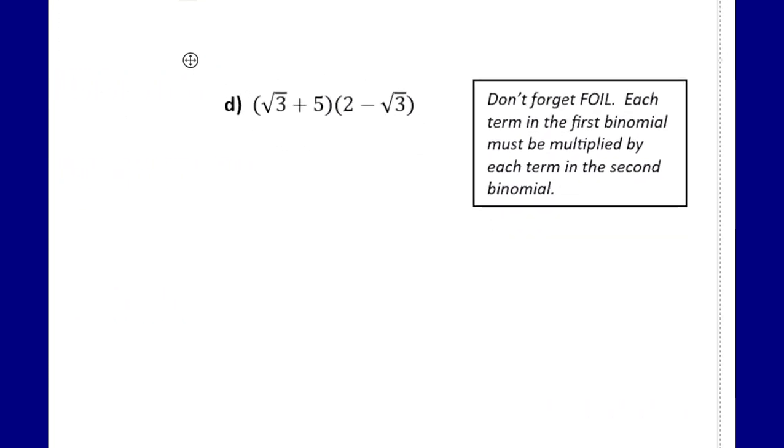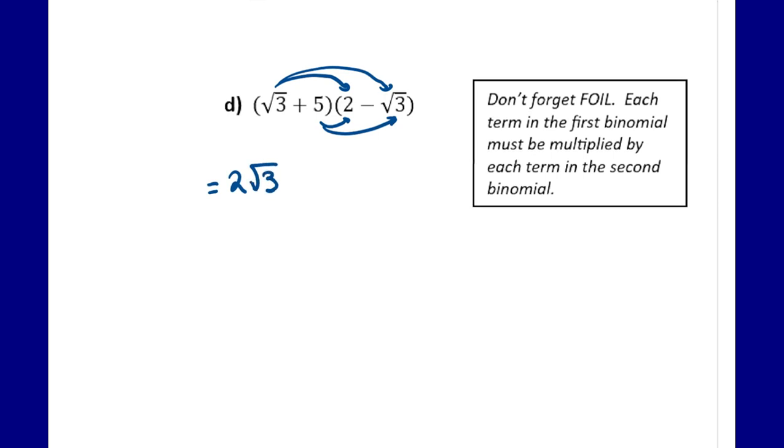In D, we are multiplying a binomial with radicals, so we can't forget to FOIL. Even though there's a radical in here, we're still going to treat it the same way. So first, outside, inside, last, your FOIL or rainbow, however you want to call it. So I have 2 root 3. There is no coefficient to multiply, and there is no radicand to multiply, so I just combine them.